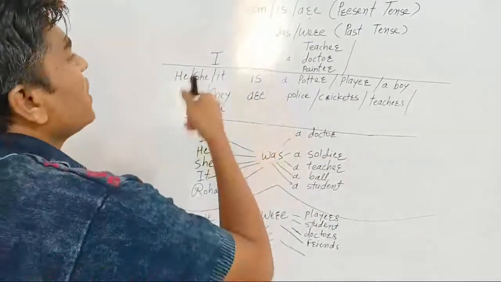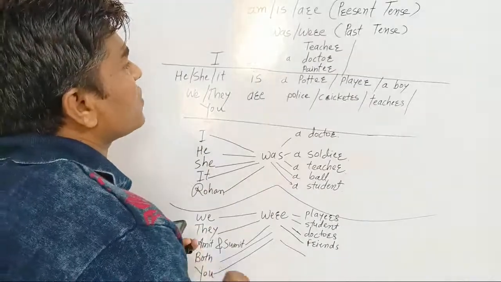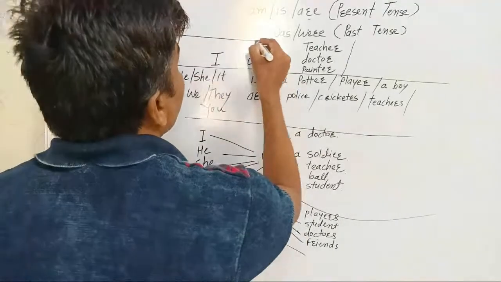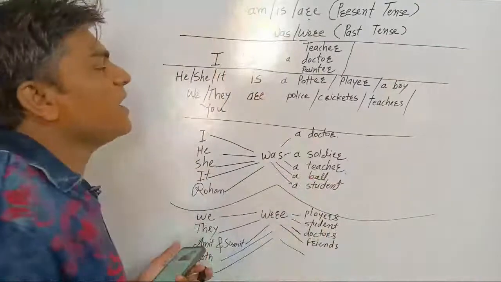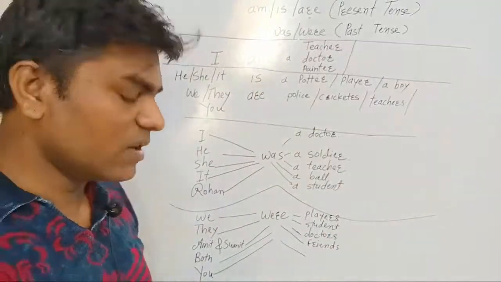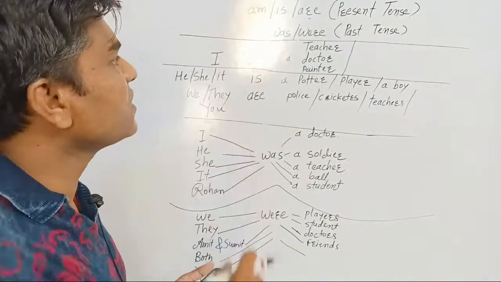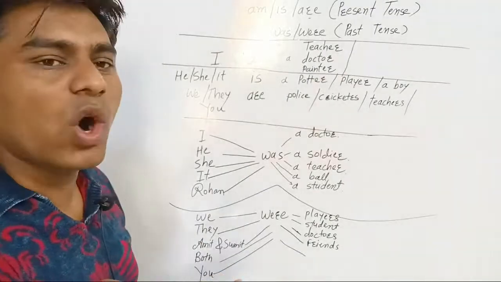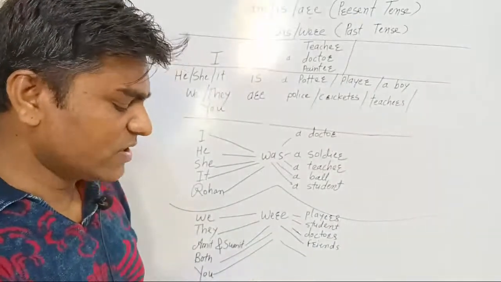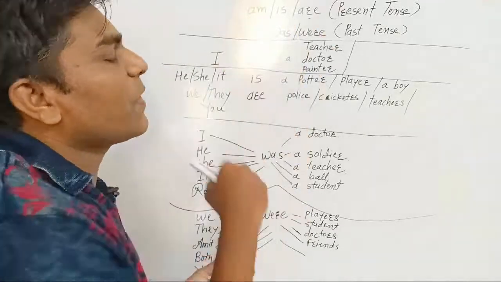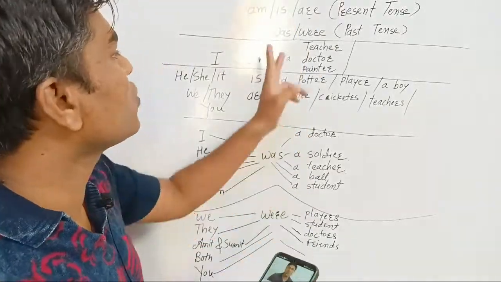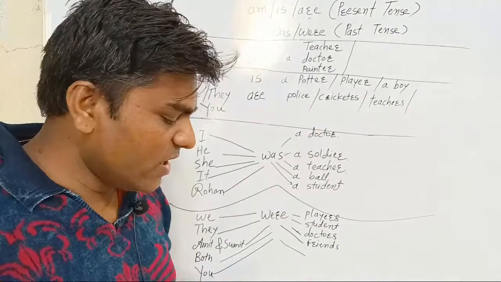Okay, this is the title of today's topic. This is the topic of today's class. Am, is, are, and was, were. These are the auxiliary verbs. These three are the present auxiliary verbs and these two are the past auxiliary verbs.